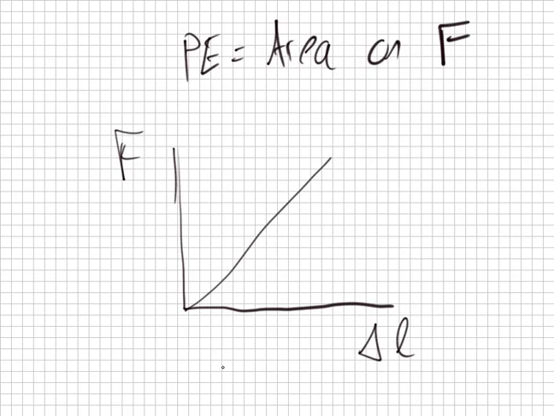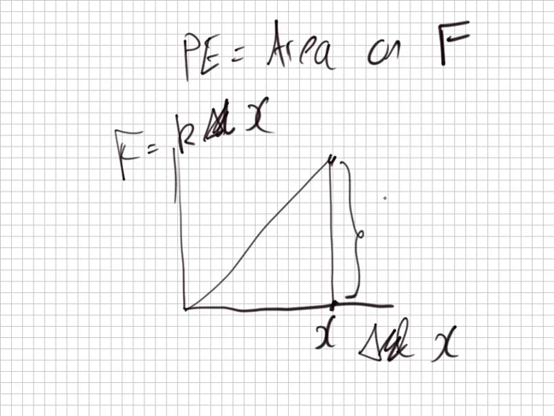So if this here is F equal to K delta L, or if you want Kx, if this here is X, then what would be the height here? It'd be Kx, wouldn't it? Because it's just like y equals Kx, if the F is like the y. So if the x is x, then the height would just be Kx.